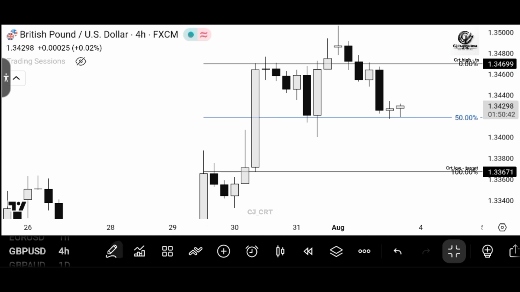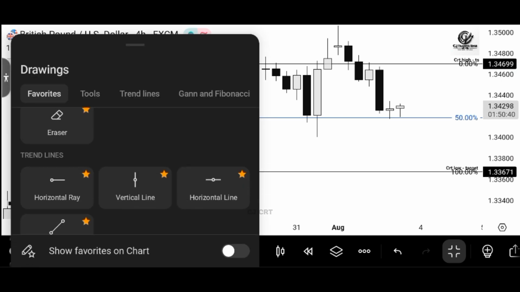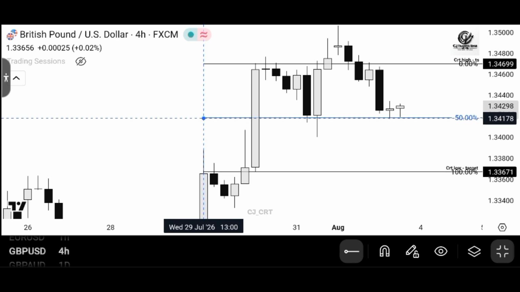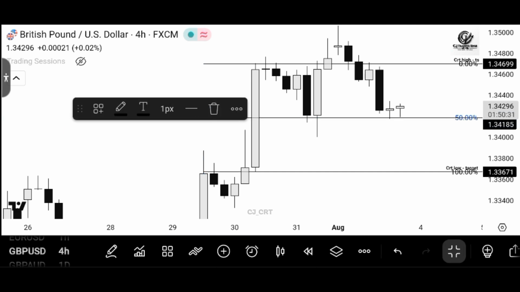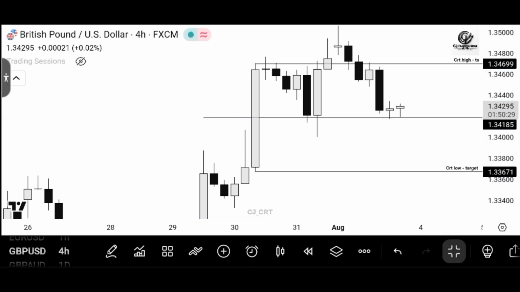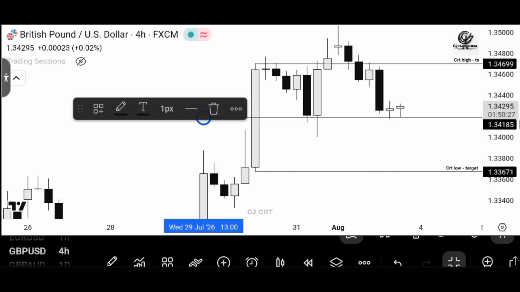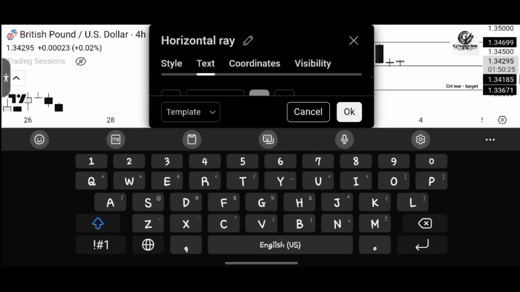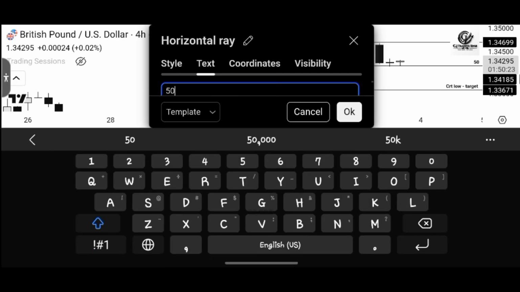So this is the 50% level of the CRT candle.